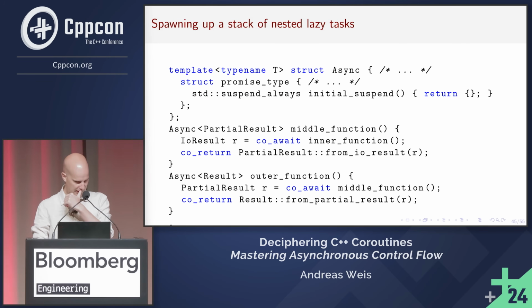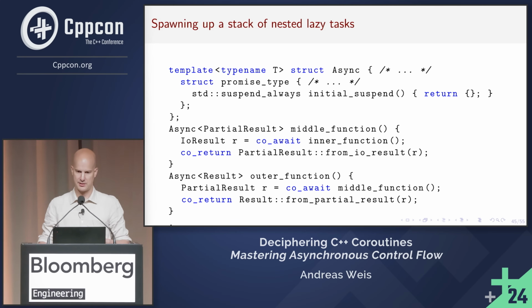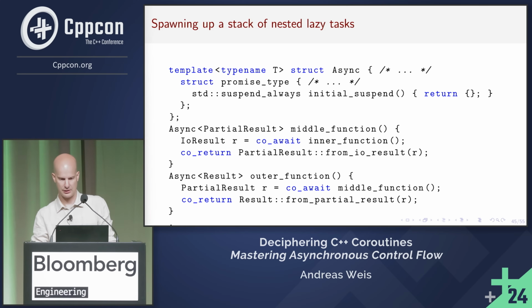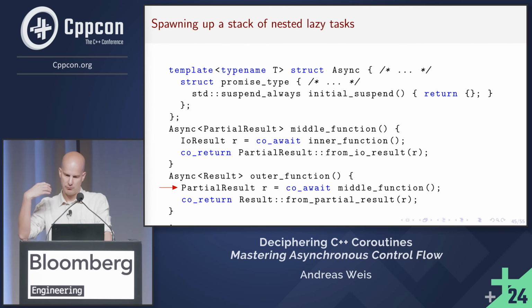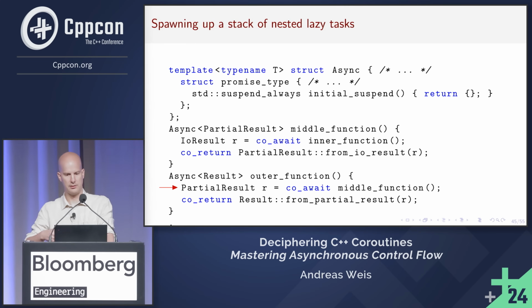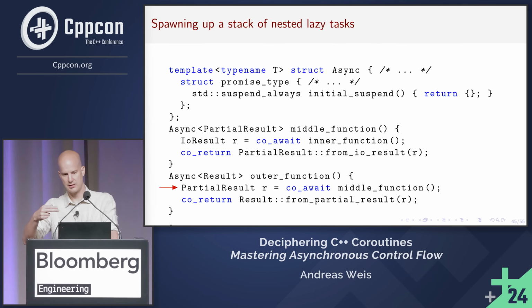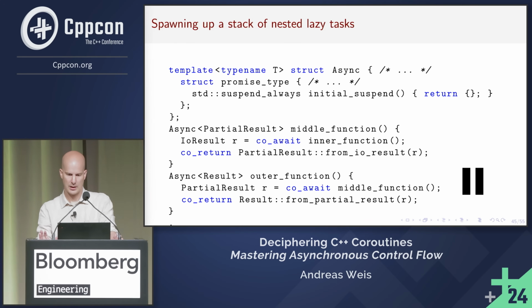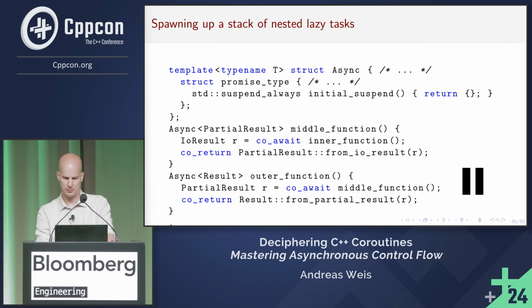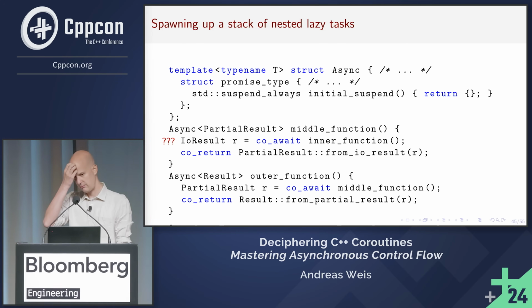So if we now look at what happens if we have lazy async objects like this: we call the middle function, we co-await it, right? When the middle function starts up, it immediately goes into suspension because of the initial suspend up there. And then it's just paused. But wait a second.